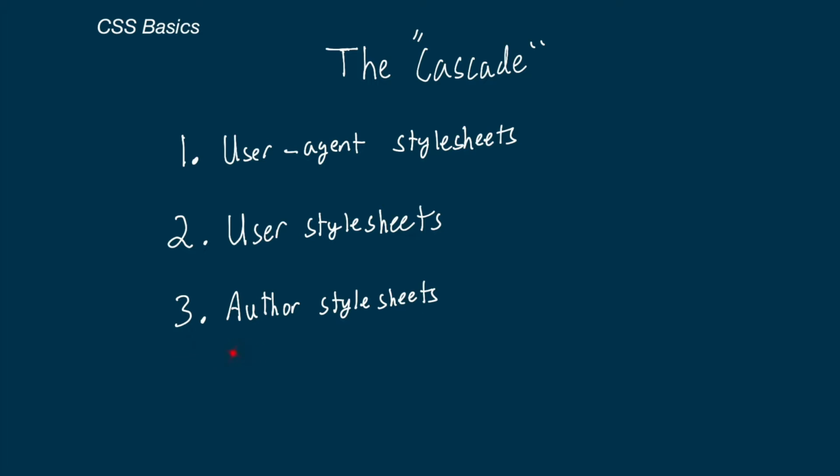Finally, the author style sheet contains the CSS that the author of the website writes. So these will be what we are primarily writing, and they take precedence over all of the other style sheets. However, it is worth noting that other style sheets can still take precedence if they use the important rule, which we will see later in the crash course. That said, we can usually assume that our styles will have the highest level of precedence.